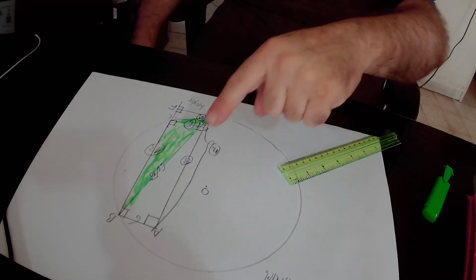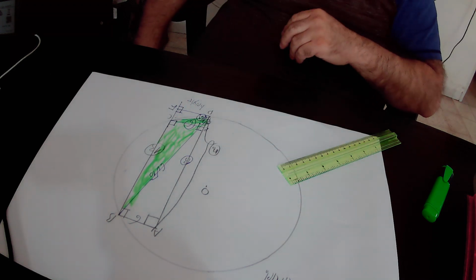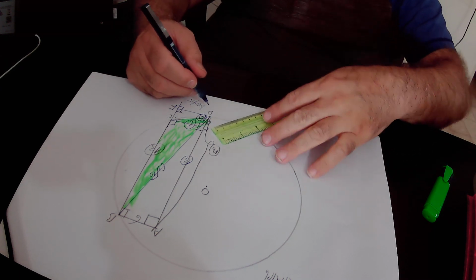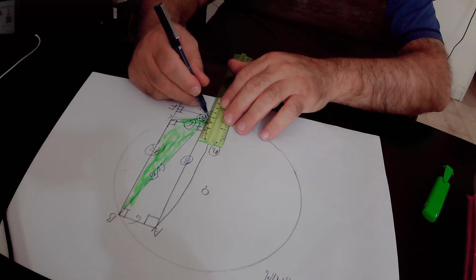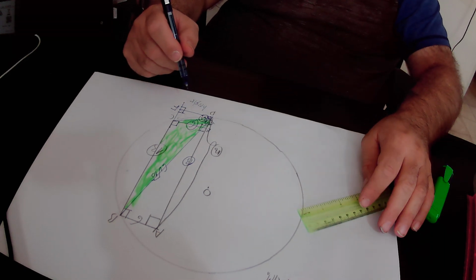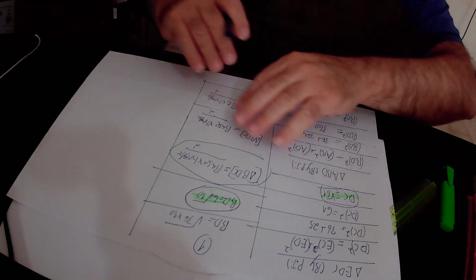Inside quadrilateral ABDF we have 1, 2, 3 right angles. Therefore the fourth angle must also equal 90 degrees. And therefore quadrilateral ABDF, which has 4 right angles, is a rectangle.